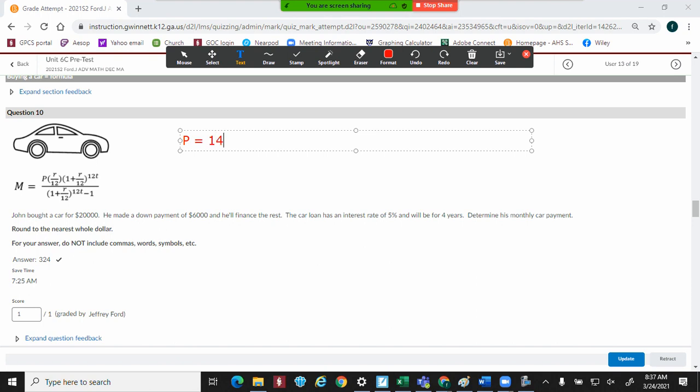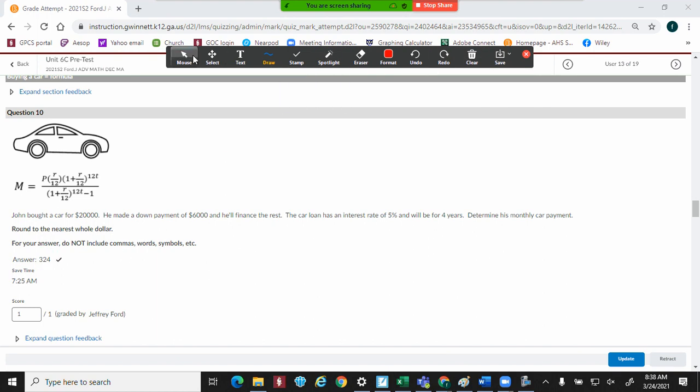P is going to be 14,000 because he's buying a $20,000 car and making a $6,000 payment. R is going to be 0.05, and then T is going to be 4. So using that information for the formula, car payment ends up being $324.